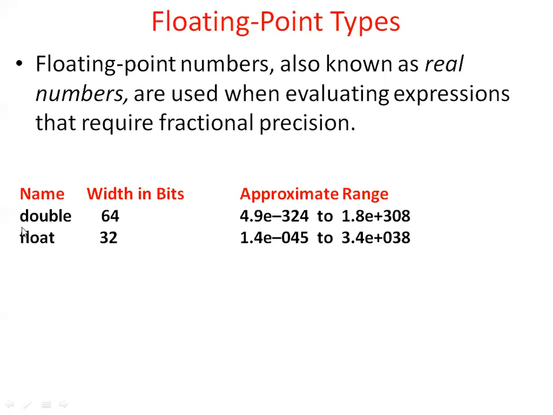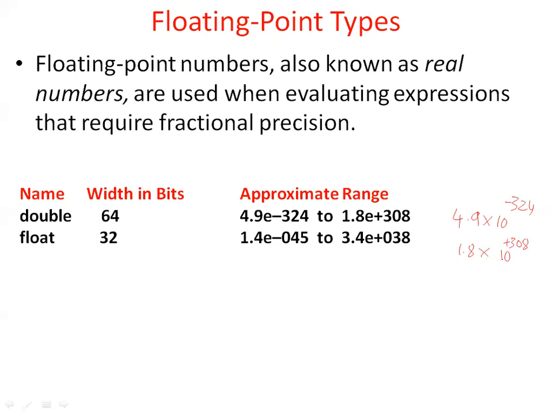There are two floating point types in Java, double type and float type. Float type takes 32 bits, double type takes 64 bits, and these are the approximate ranges of values they can store. So 4.9 E minus 324, what is the meaning of this? It is nothing but 4.9 into 10 power of minus 324, up to 1.8 into 10 power of plus 308.